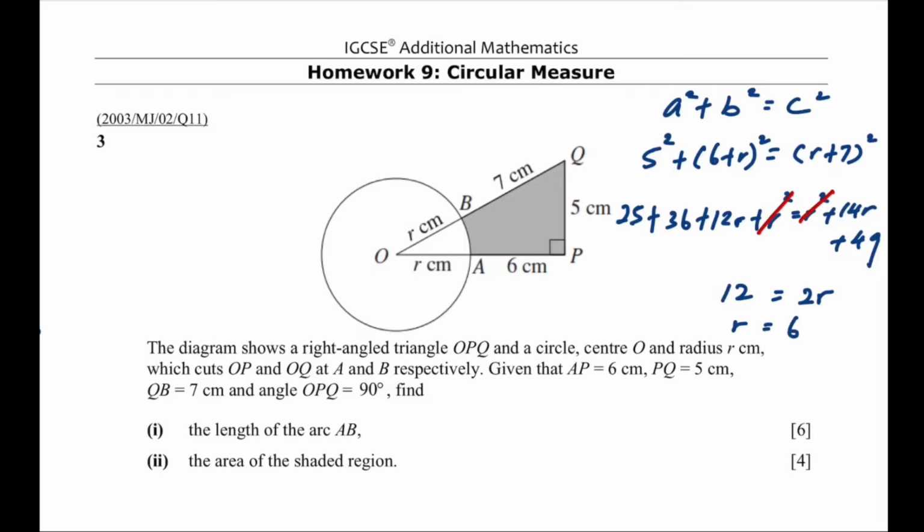So R equals 6. So R is 6 cm. So this is 6, this is 6.